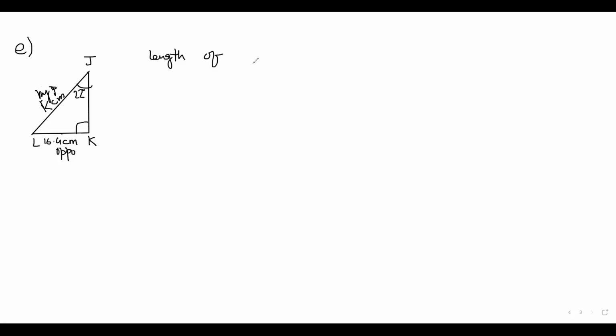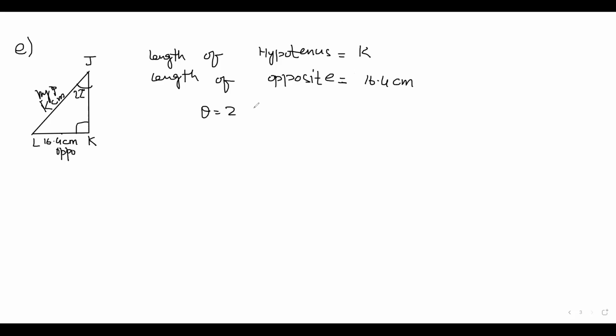Length of hypotenuse is given the name k, which we have to determine, and length of opposite is equal to 16.4 cm and theta is equal to 22 degrees.